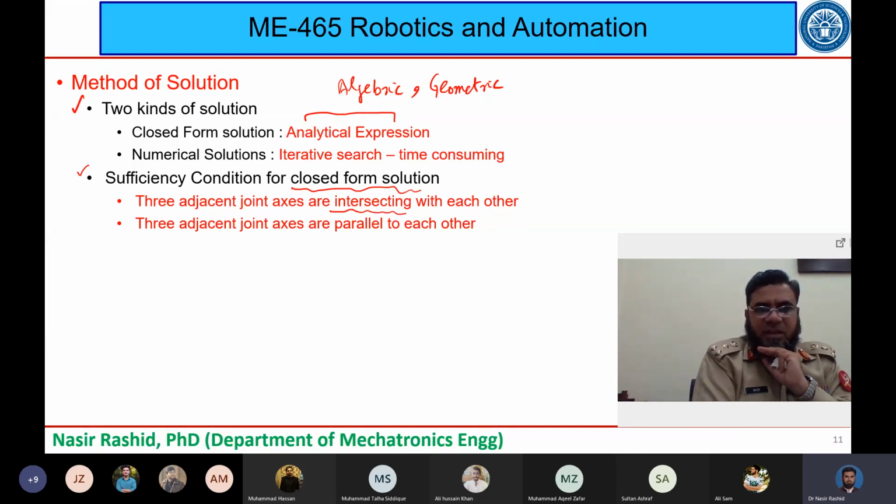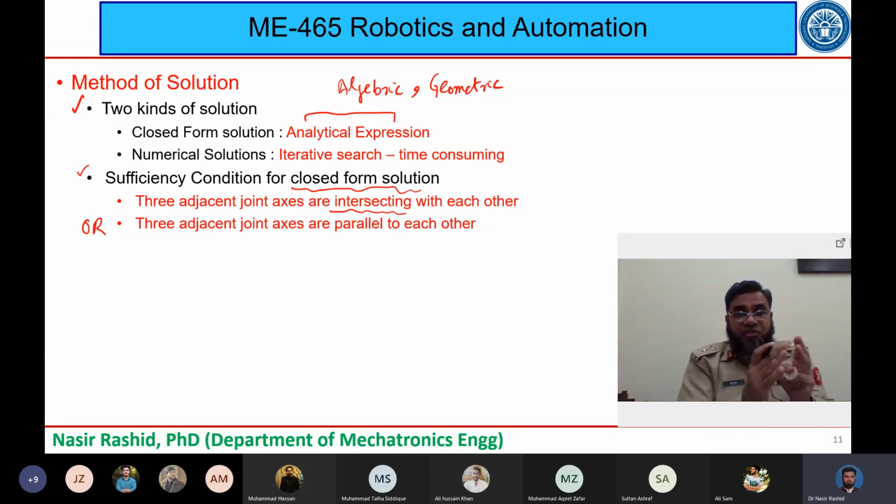और मैं यहाँ पे एक साथ इसके और डाल देता हूँ, we can find a closed form solution if a 6 degree of freedom robot has 3 intersecting joints जो कि adjacent होंगे। Okay, now there is a question.